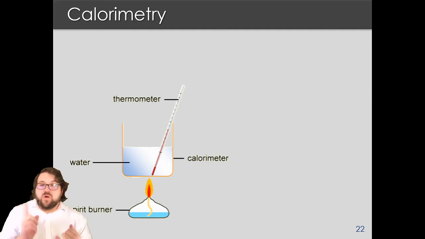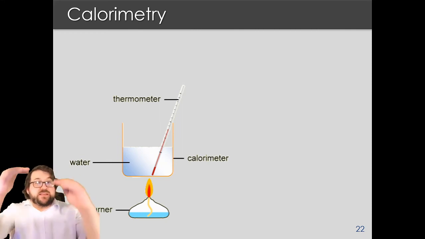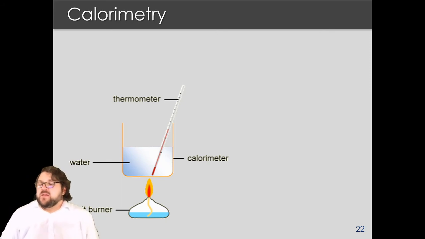So if 1 calorie is the amount of energy it takes to heat up 1 gram of water by 1 degree Celsius or 1 degree Kelvin, they're the same gaps in between them, then we can basically weigh the amount of water that we've put in our cup, and we can measure how many degrees it changes by.